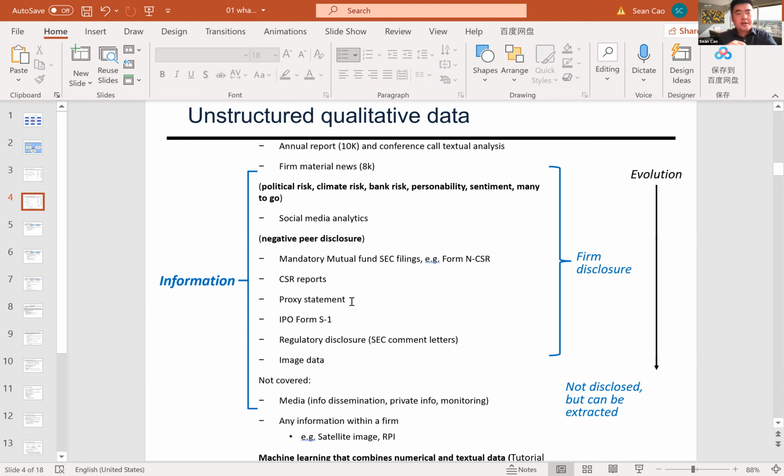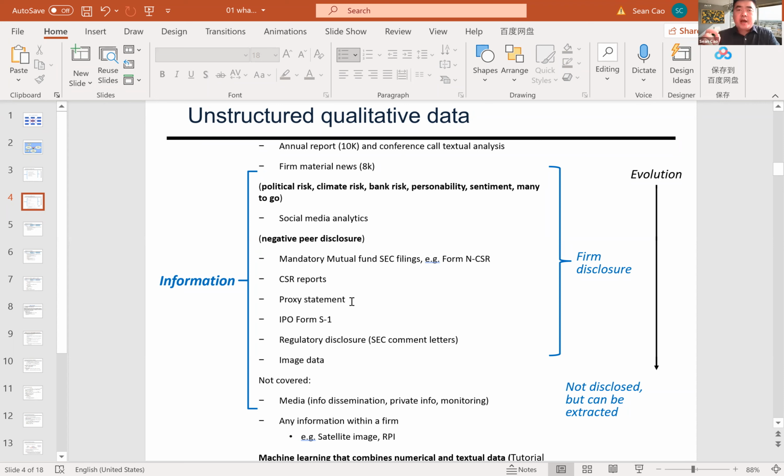Apple will respond to the SEC comment letter saying, oh, I did this because blah blah blah.